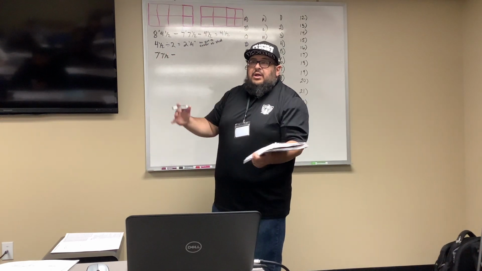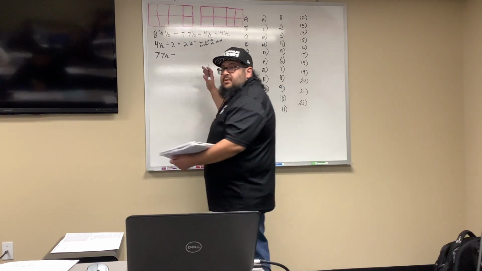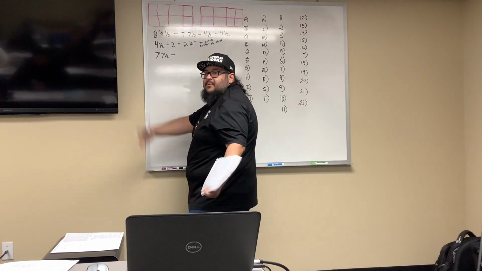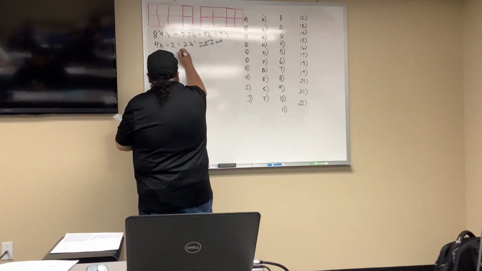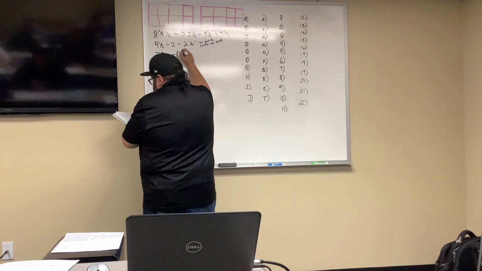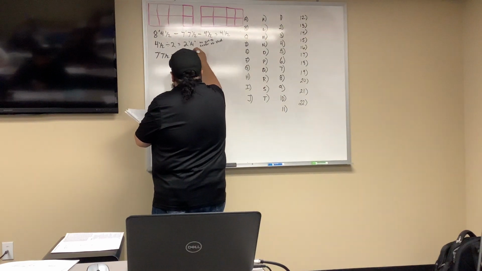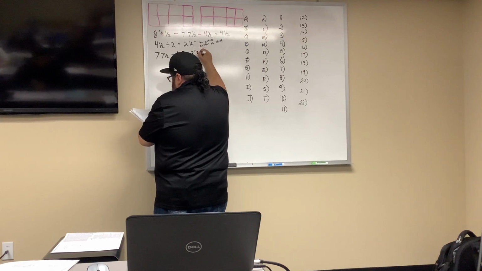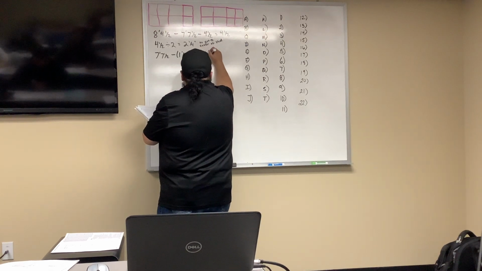This board's going to get full, so I'm going to have to erase it and keep going again. You might remember from class. So we're going to take 1'6", add that to 2'2.5", and add that to 1'11.125".